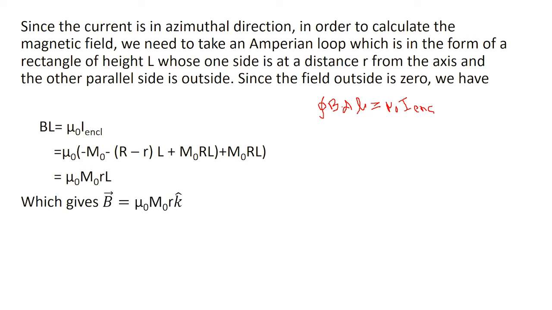Substituting the values and cancelling the terms, we get the final answer mu naught M0 R L, which gives the magnetic field as mu naught M0 R k cap.